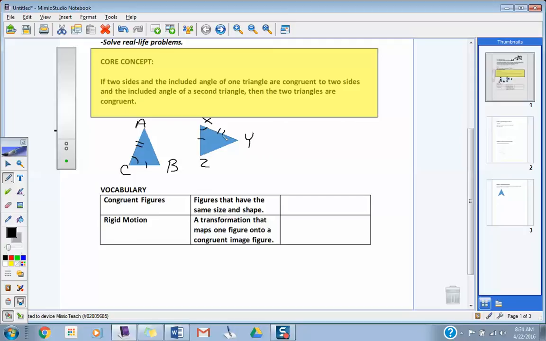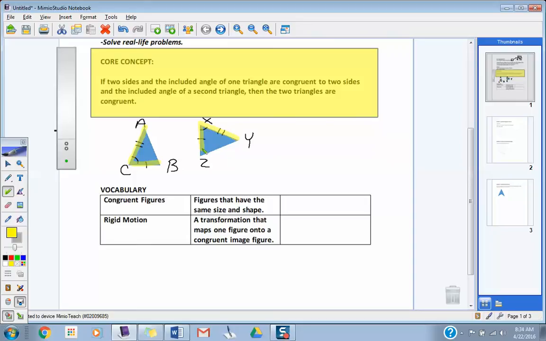Well, guys, side angle side says this. If you have two sides of a triangle, for instance, this side and this side that you know the lengths of, and then this side and this side that you know the lengths of, do you agree that the two sides with the tick marks form an angle?